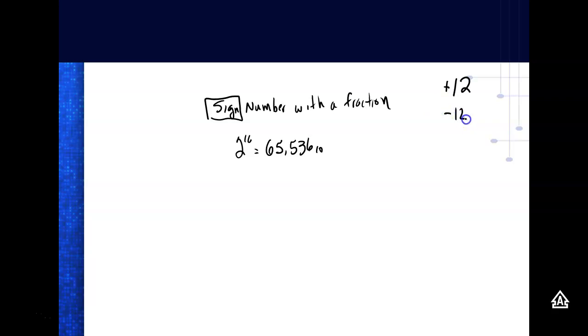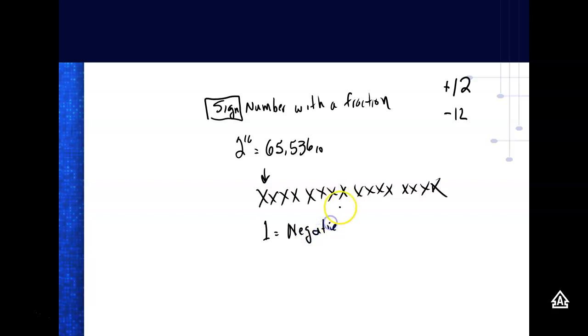So what we do is we sacrifice the most significant bit. When I'm dealing with integers, we sacrifice this bit right here for the sign. If we put a 1 in this bit, then it's going to be a negative number. If I put a 0 in that bit, it's going to be a what? Positive.